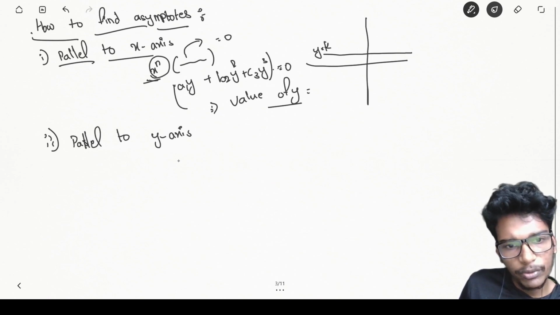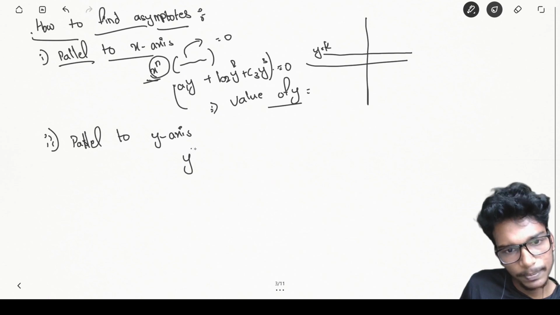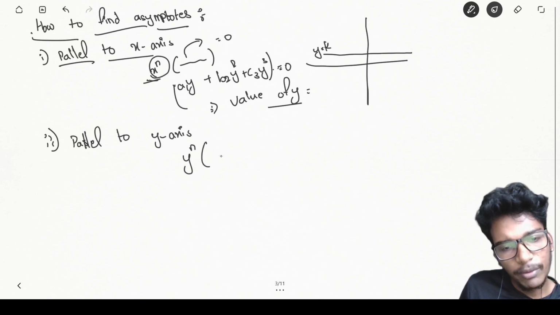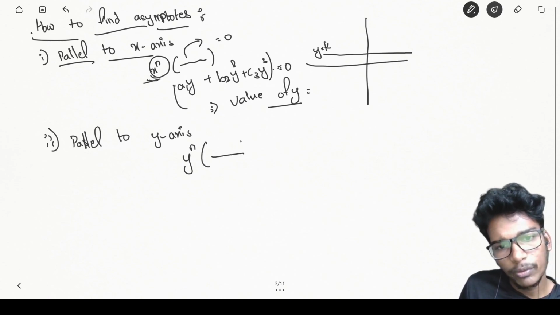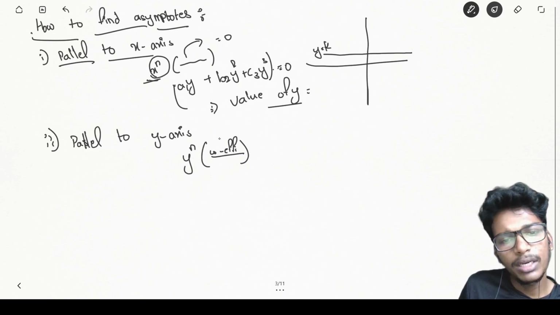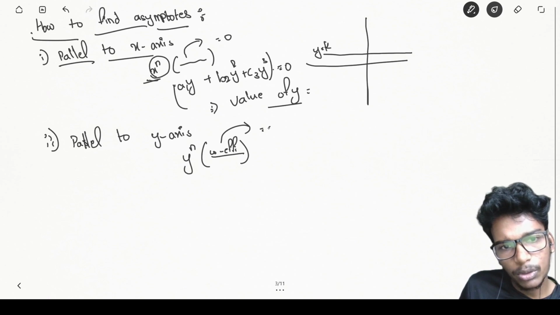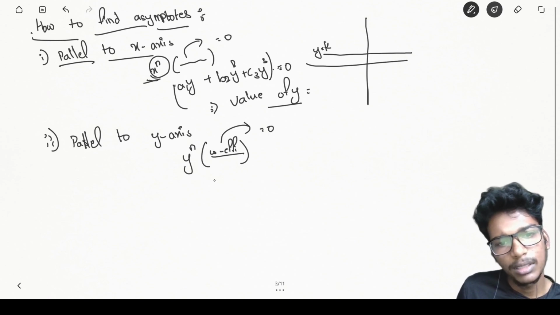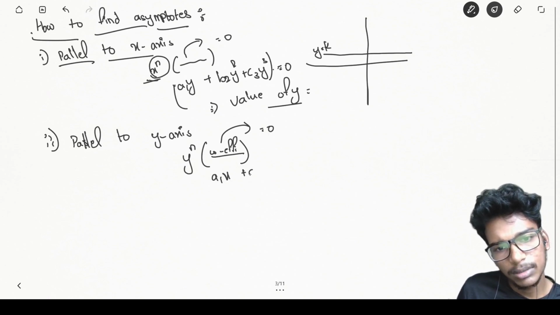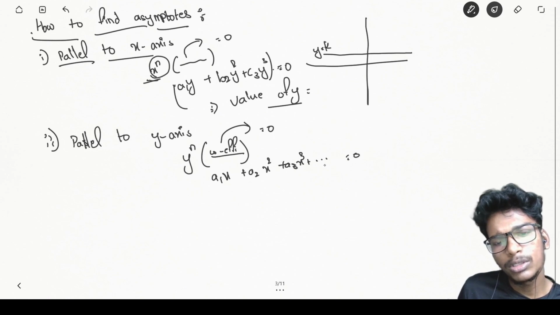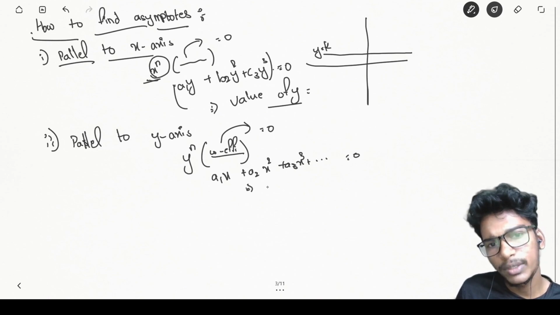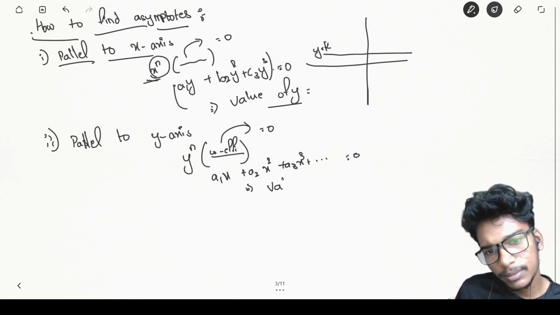Same like that, we will take the highest power of y, power n, and we will take its coefficient and we equate this coefficient to 0. It might be a1 x plus a2 x square plus a3 x cube and so on, equal to 0. Then by solving this equation, we will get values of x.